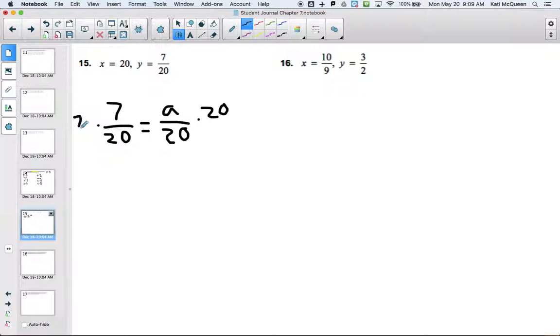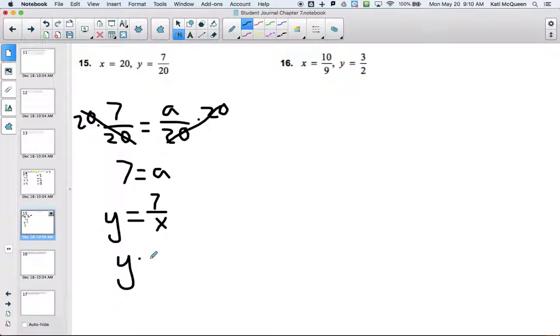So this one, even though I started with a fraction, ends up not being too bad because the 20s cancel and I just have 7 equals a. So then my equation is y equals 7 over x. And still under those same directions where they want us to substitute in a 5. So we would have y equals 7 fifths. And we'll just go ahead and leave it like that.